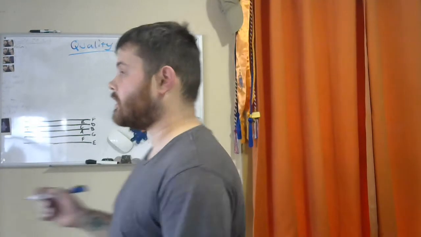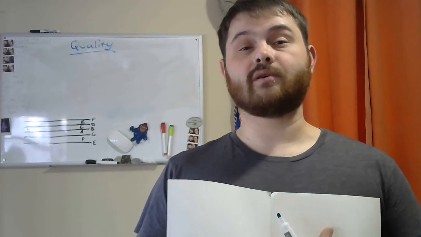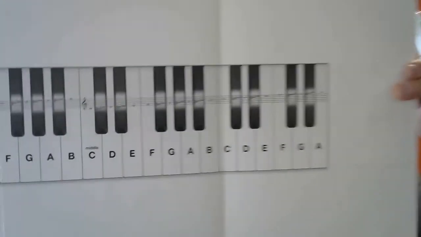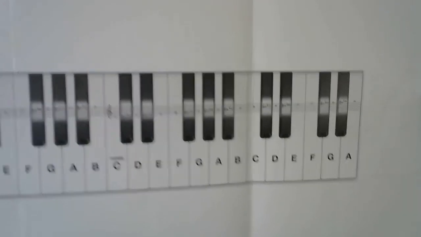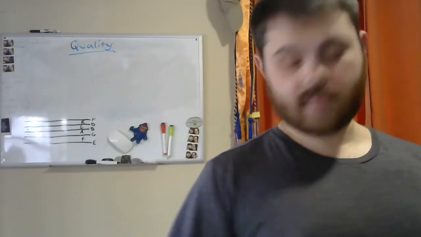What is quality? Well, we had said that we had a major third. So we have C to E on our piano. You can pull up a piano at musictheory.net if you don't have your own. So if we look at middle C to E, that's a major third.